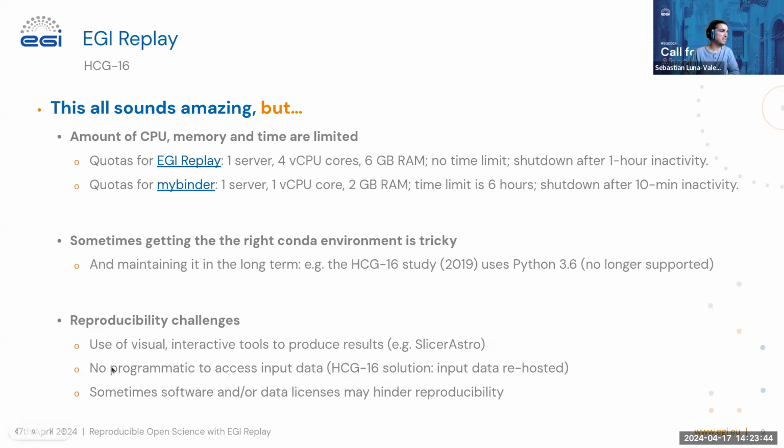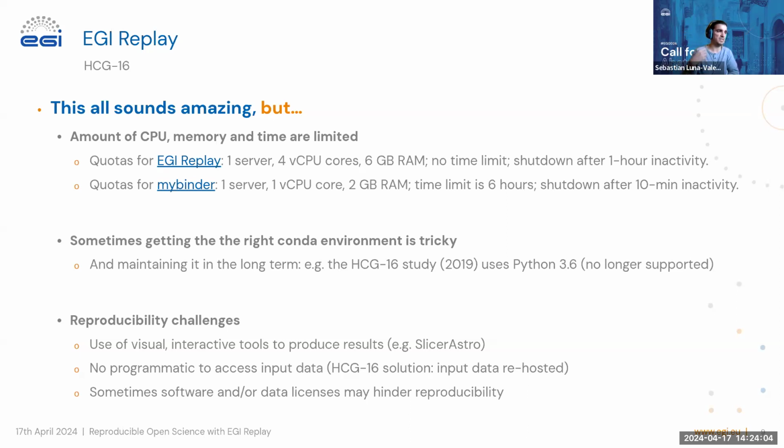The other thing is that, for example, the input data for the Hickson 16 study is available through a website, but there needs to be a human going to the website, clicking many different options, and then getting a copy of the data. So there is no programmatic way to download the data.